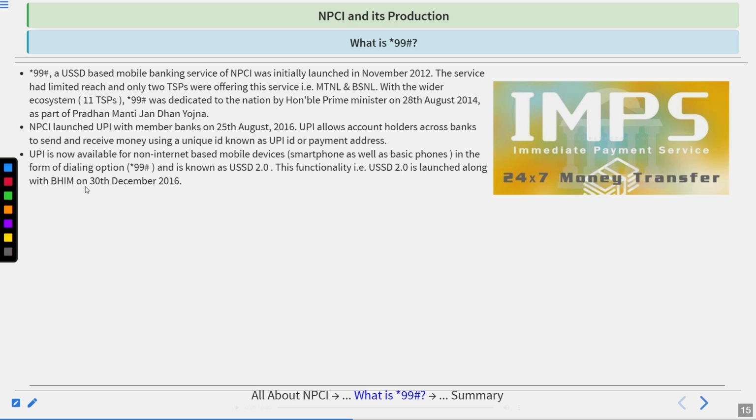With the wider ecosystem, 11 TSPs were there, and *99# was dedicated to the nation by the Honorable Prime Minister on 28 August 2014 as a part of Pradhan Mantri Jan Dhan Yojana, famously known as PMJDY.